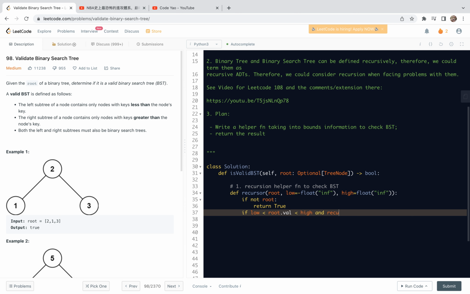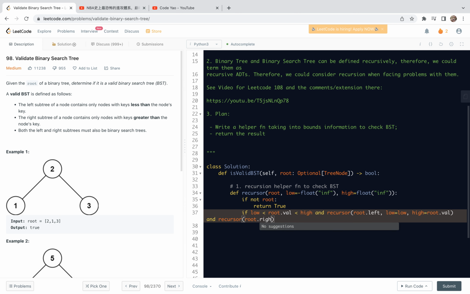So we are going to call recursor on root left. For root left, the low is still the previous low, and the high is nothing but the root value, right? This is one part, and then we need to check the right subtree.